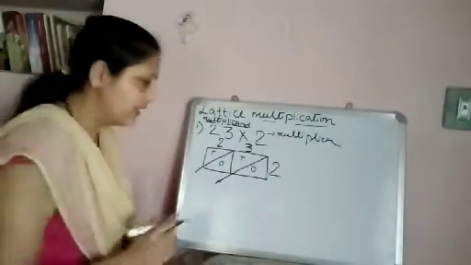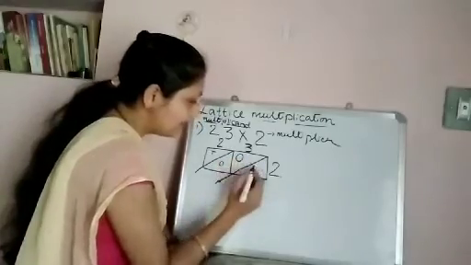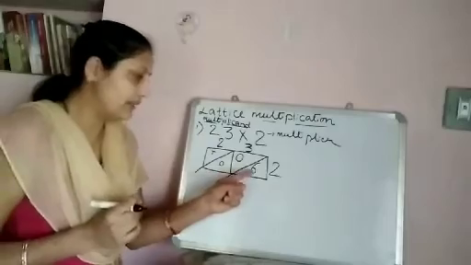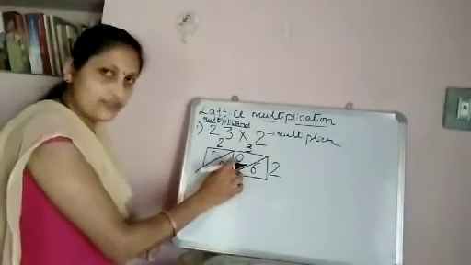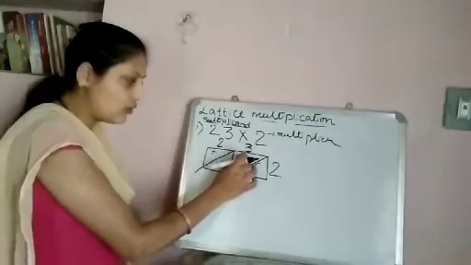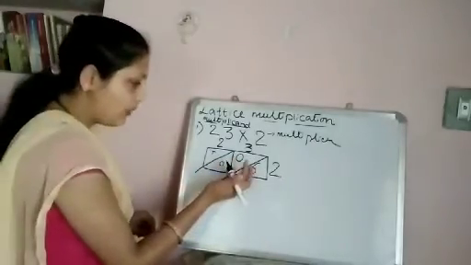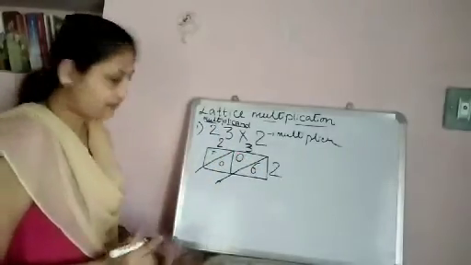Only one digit is there. So write 0 in the tens part and 6 will be written in the ones part. You don't have tens, so the tens part will be 0. Above the line you will write 0 and below the line you will write 6.